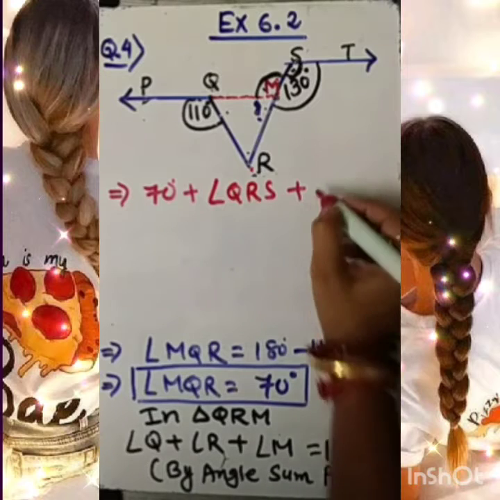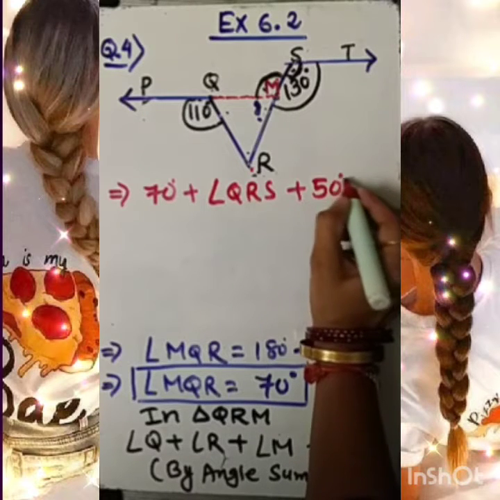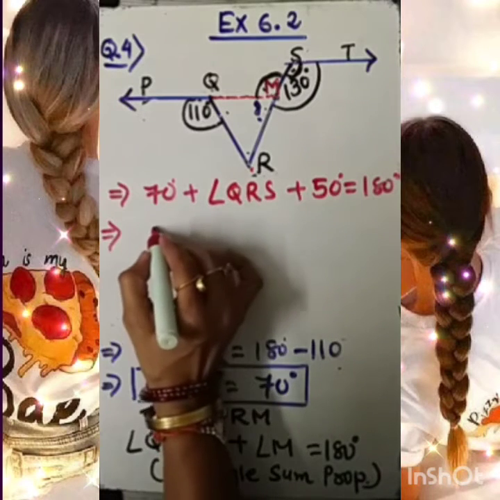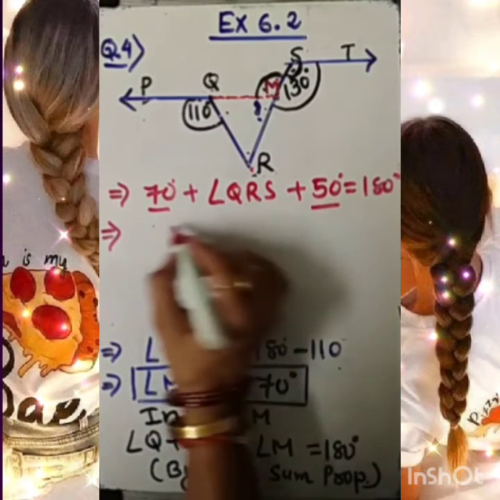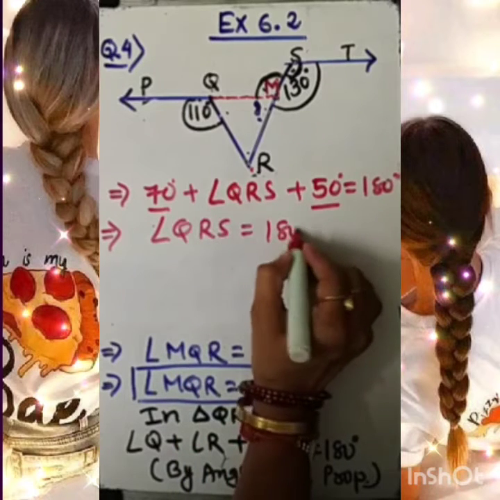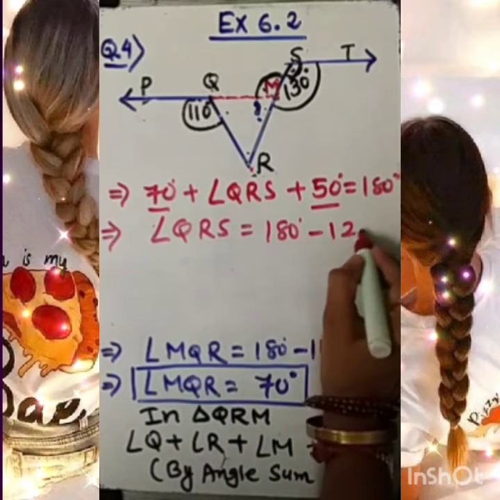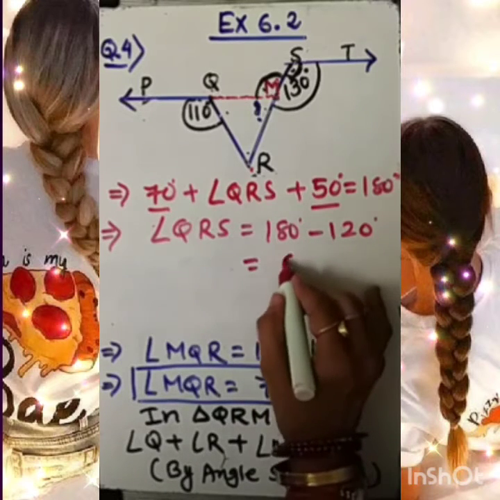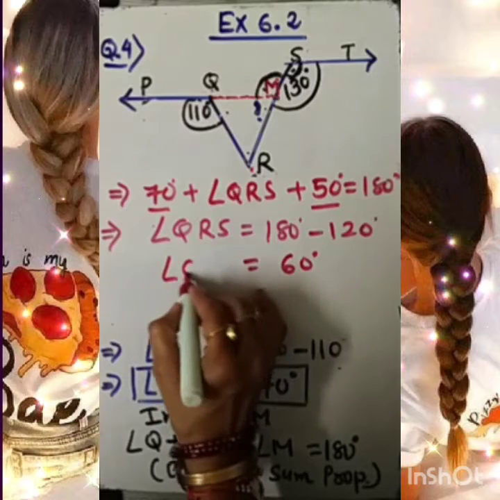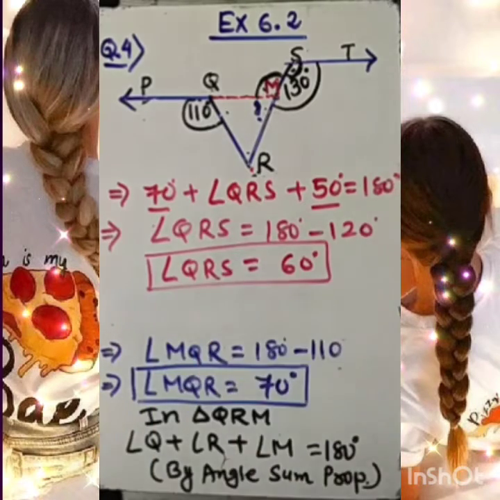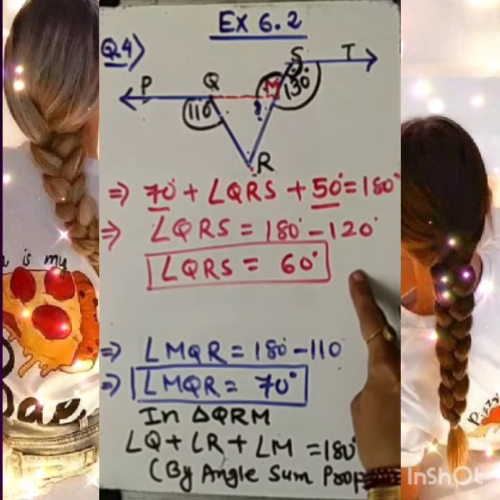This we already have its value. It was 50 degrees. And the sum of all three angles of a triangle is 180 degrees. Now 70 plus 50, that is 120. So 180 minus 120. So my dear student, it is coming 60 degrees. So the final answer, I should say, angle QRS, its value is 60 degrees. It is the complete solution here.